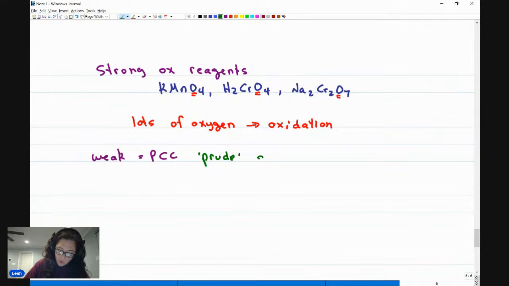It does not go all the way, and therefore it stops at the aldehyde, where any other oxidation reagent is going to take it all the way from the alcohol to the carboxylic acid. So let me know if you have any questions on this.